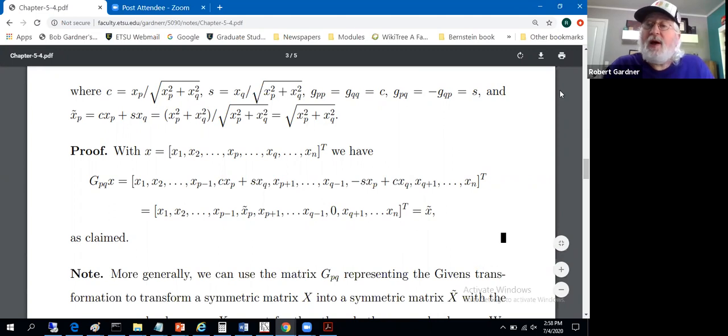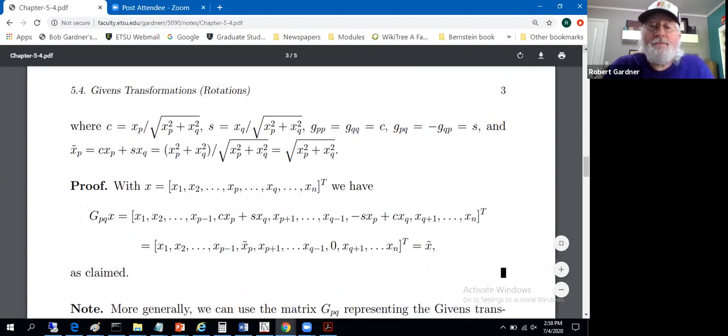All right, we've defined S as given here. If you take S times x sub p, that would be x sub p times x sub q over this quantity, with a negative out front. Take C times x sub q, that would be x sub p times x sub q with this quantity in the denominator, the same except for the negative sign.